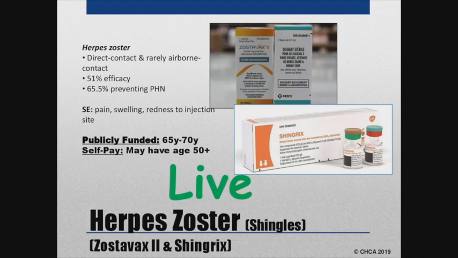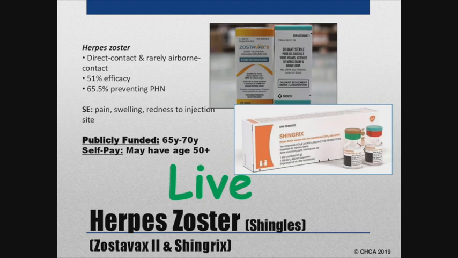The herpes zoster virus, otherwise known as shingles, has a vaccine called Shingrix. You may also be familiar with Zostavax, which has been very familiar over the last few years. This has recently been publicly funded for ages 65 to 70 years. Otherwise, there is some evidence that patients can receive it at 50 years of age, but they would have to pay for it separately.